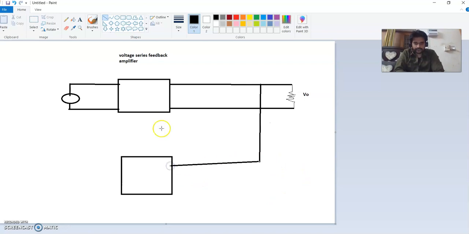Positive, negative, all from negative to negative.